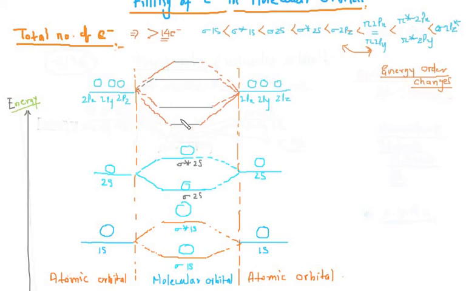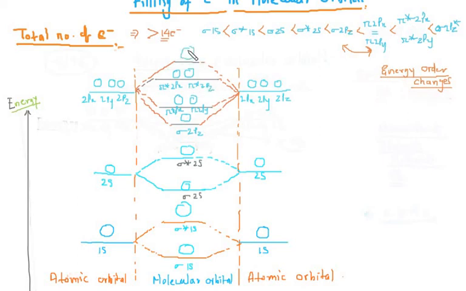So let's draw it. So this one is nothing but sigma 2pz. Okay, and these two are pi 2px and pi 2py. This one is again anti-bonding, that is pi asterisk 2px and pi asterisk 2py.